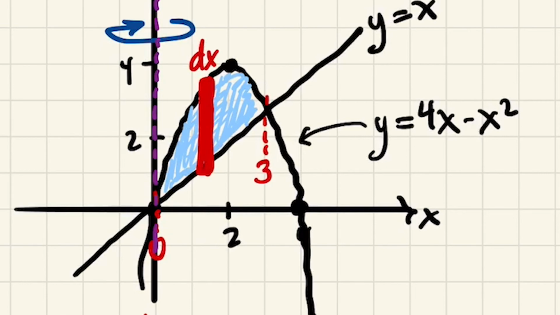So capital R is the distance from the axis of rotation to the sample rectangle. And in this case, that distance we're just going to call x, because it's just a horizontal distance to the point we're interested in. The height, h, is just the upper function here minus the lower function.